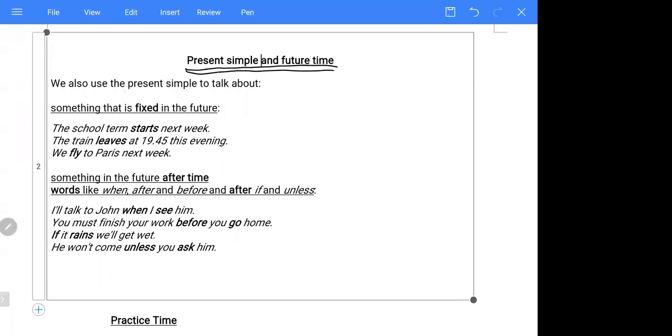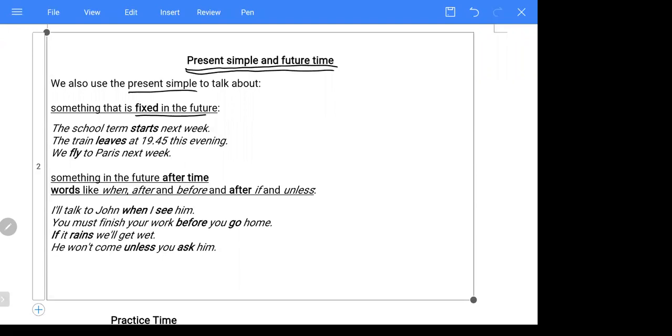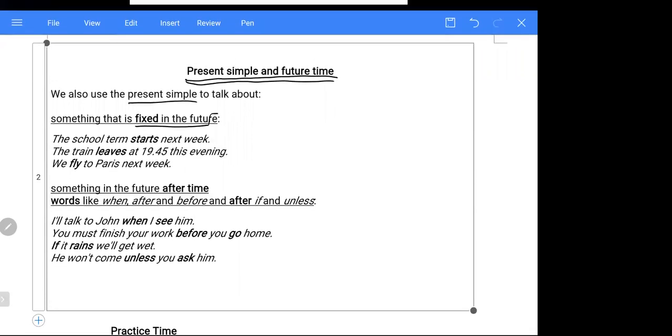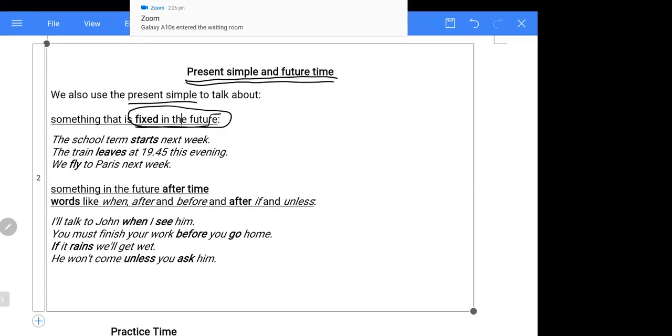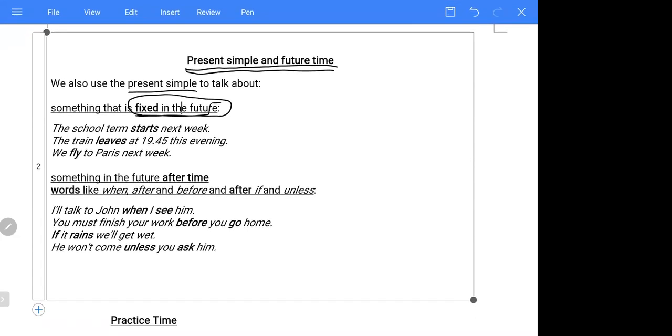So we use the present simple to talk about something that is fixed in the future. A fixed plan in the future. We are now in the COVID-19 pandemic and the government has decided when to start class.